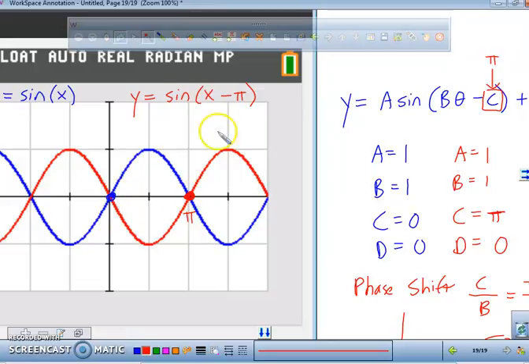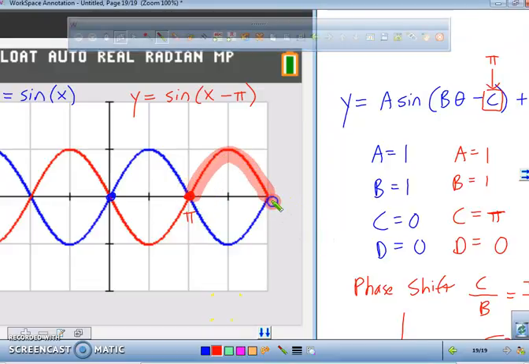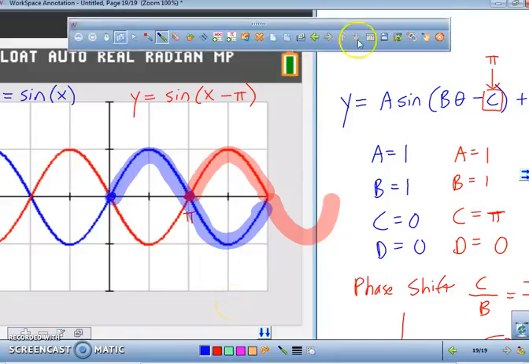So it shifted over, and now instead of starting at 0, it starts pi units over, and it would finish right there. I'm going to highlight it right here. Our first one goes from here down and back over. What happened? It translated pi units over.